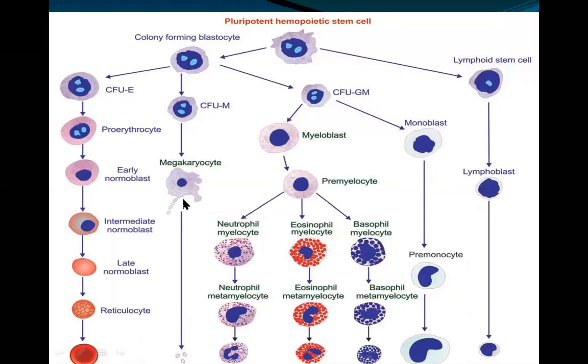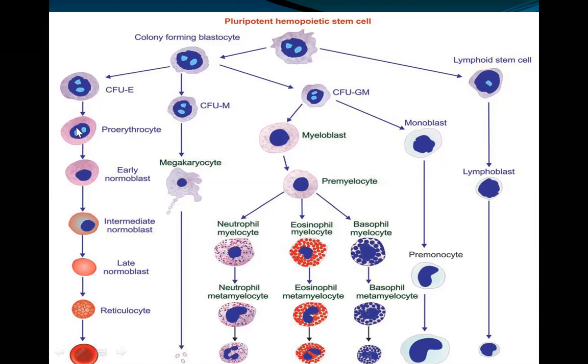So this is a better explained diagram. We started with the pluripotent hemopoietic stem cell, which will differentiate into the colony-forming blastocyte. We are interested in the colony-forming unit erythrocyte, the one that will be producing the red blood cell. It will differentiate into the proerythrocyte.